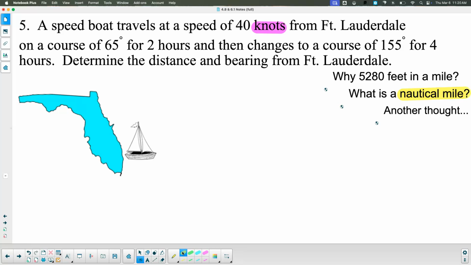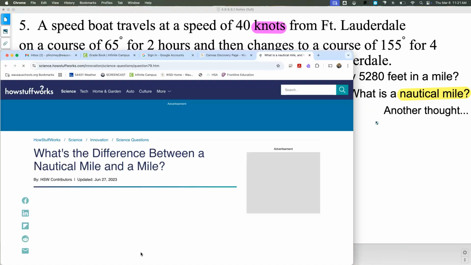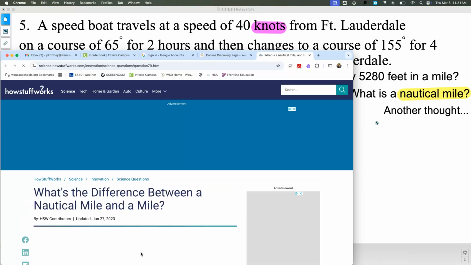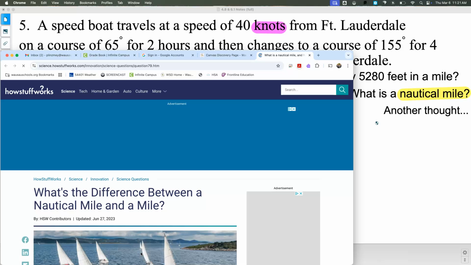Now I got to remember on this one. 1 nautical mile is 1 minute of the Earth's circumference.